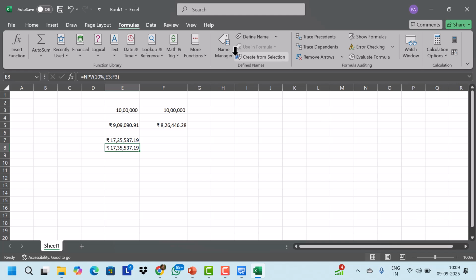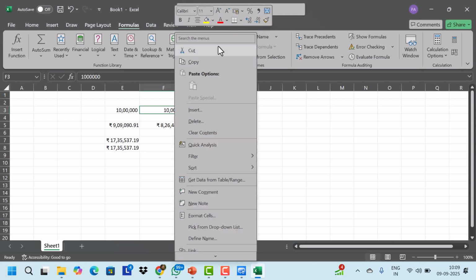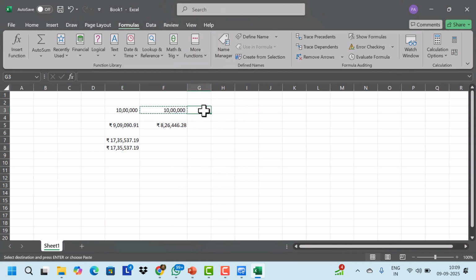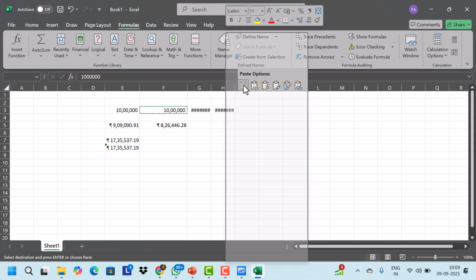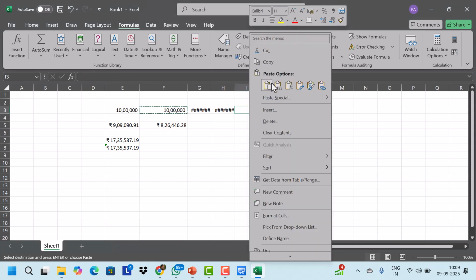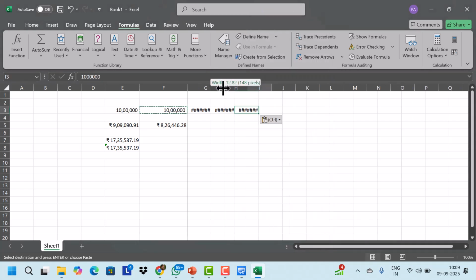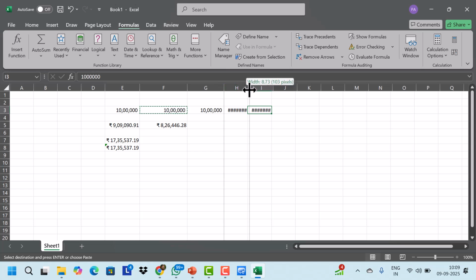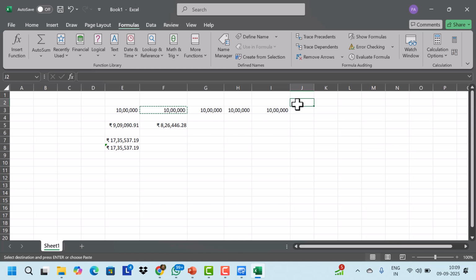Suppose I am going to get this 10 lakhs for 5 years. Suppose I am holding an asset whose life is 5 years. Tell me what should be the value of the asset today. How much somebody should give me.